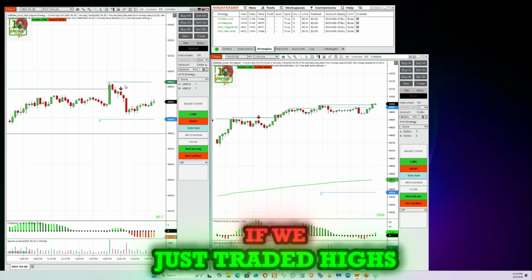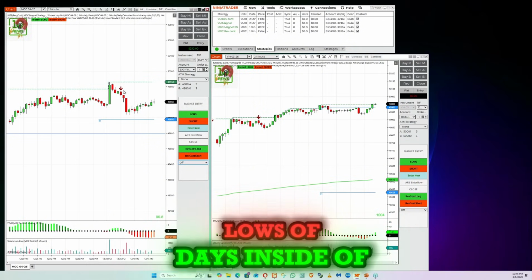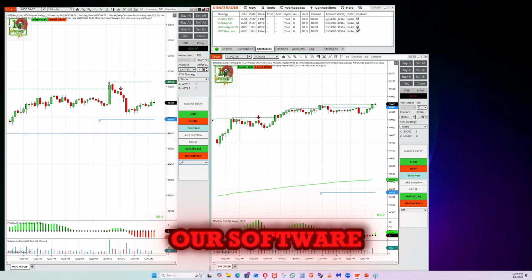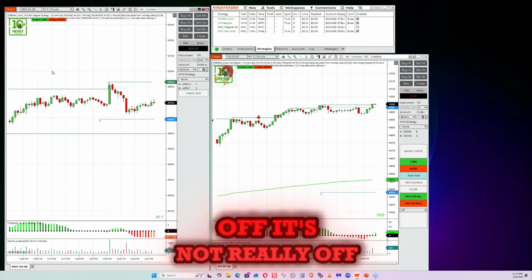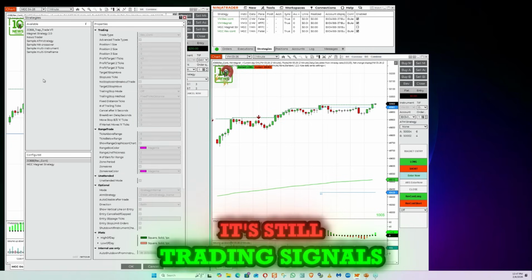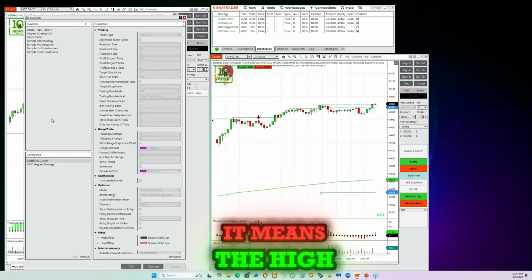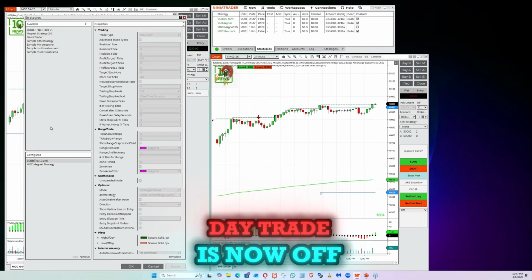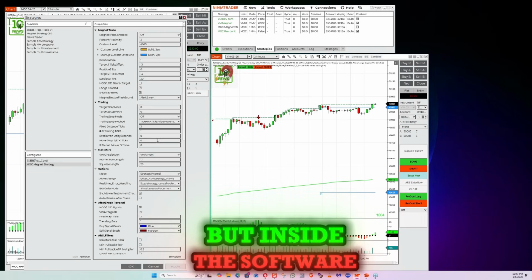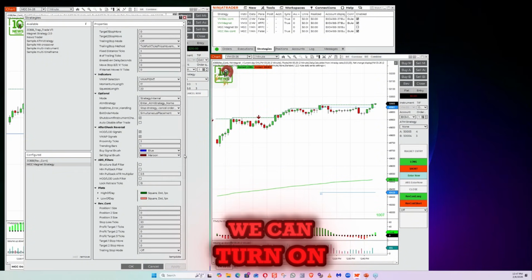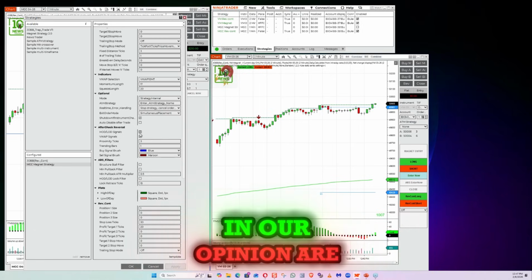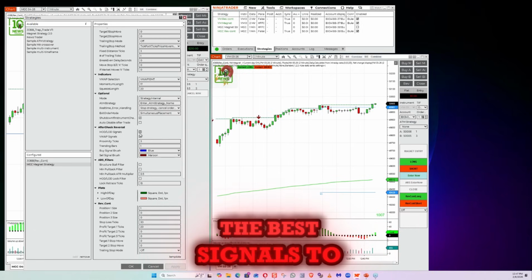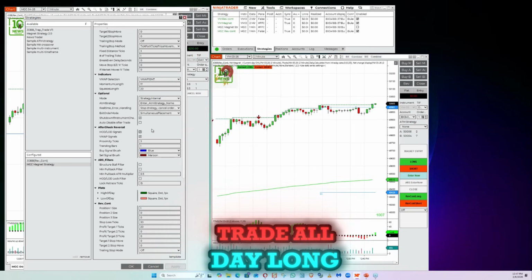If we just traded highs of days, lows of days inside of our software, when the software is off, it's not really off, it's still trading signals. It means the high of day, low of day trade is now off, but inside the software, we can turn on VWAP signals and high of day, low of day signals, because those, in our opinion, are the best signals to trade all day long.